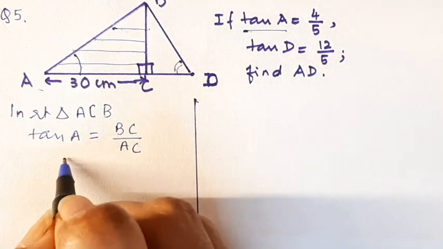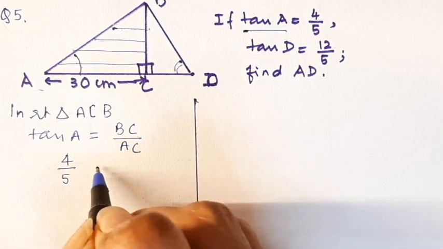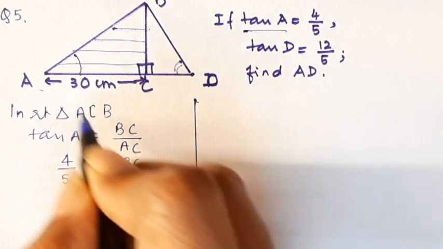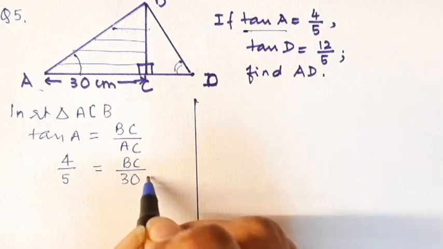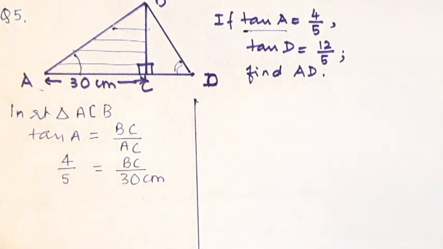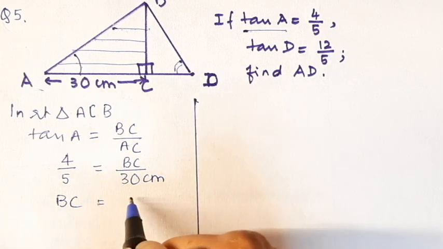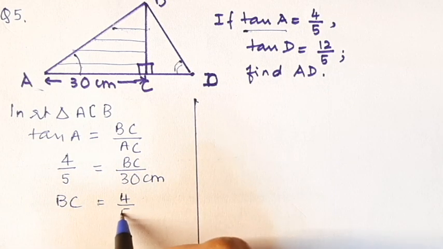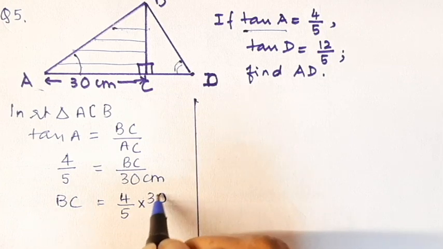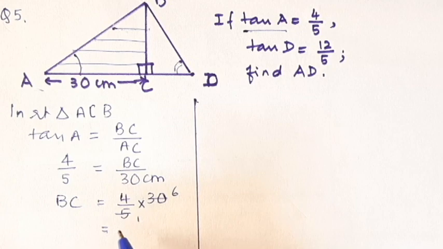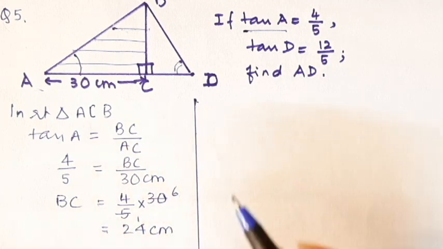Value of tan A has been given as 4 upon 5, which is equal to BC upon AC, which is given as 30 centimeter. So our BC will be equal to 4 upon 5 multiplied by 30. So 5 goes here 6 times, and that gives us 24 centimeter as our value of BC.